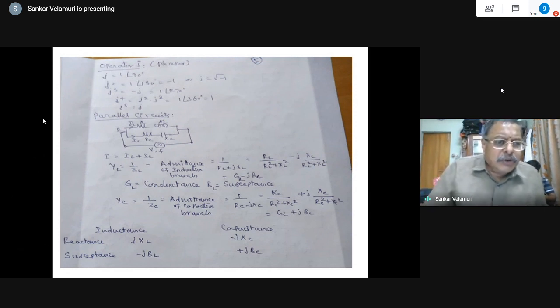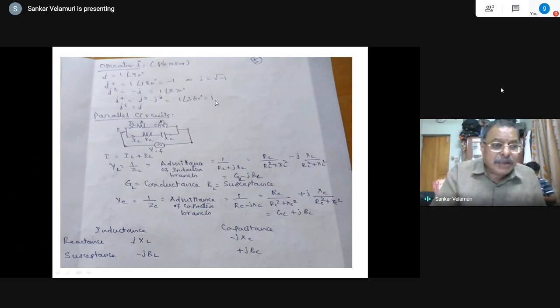Right? j cubed is equal to minus j, which is 1 at an angle 270 degrees, and j to the power 4 is 1. That means it completes one cycle. j to the power 4 is the same as j squared into j squared, which is 1, the same as 1 at angle 0. Again, j to the power 5 is j, and like that the second cycle starts.